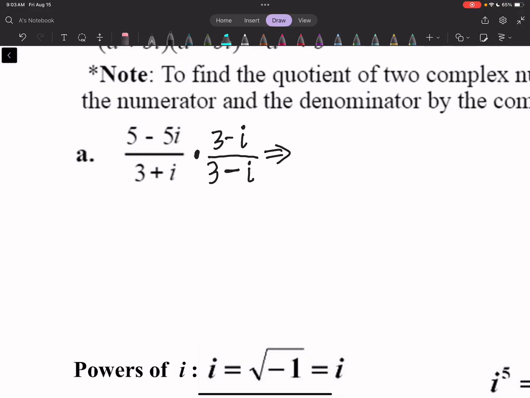Now when I do this, I'm going to get 15 minus 5i minus 15i plus 5i squared, divided by, and the bottom is a difference of perfect squares, so 3 squared, 9, minus i squared.